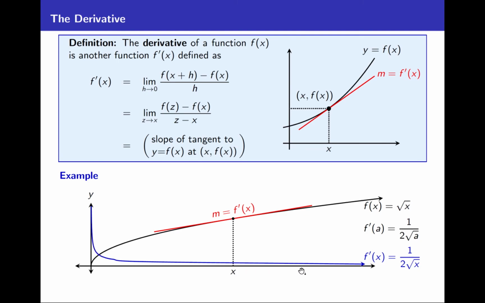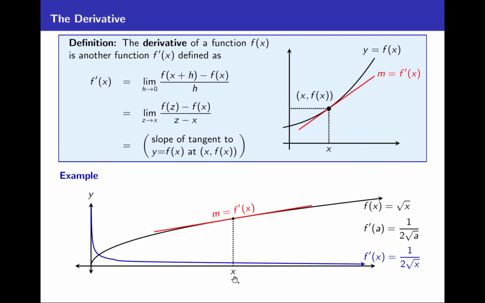On the other hand, if x is really big, this reciprocal is small, so f prime of x is close to the x-axis for big values of x. And the shape of this graph of f prime of x makes total sense when you think about its meaning as giving you the slope of this tangent line.